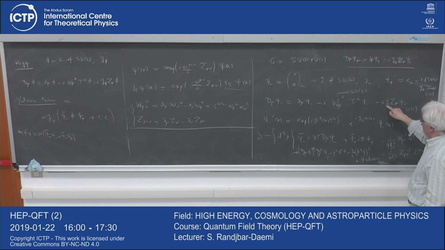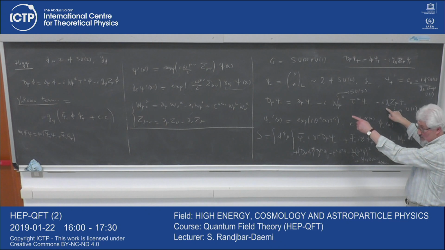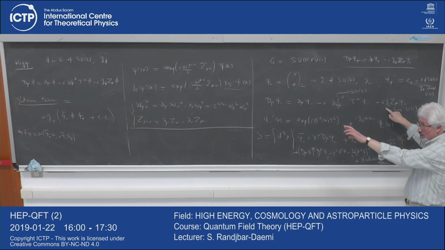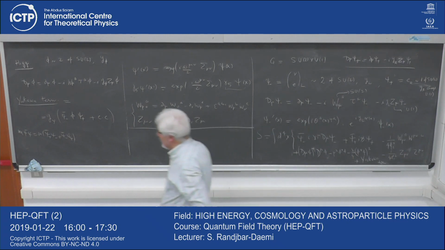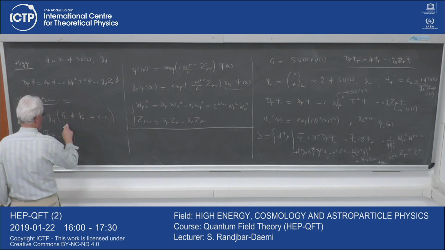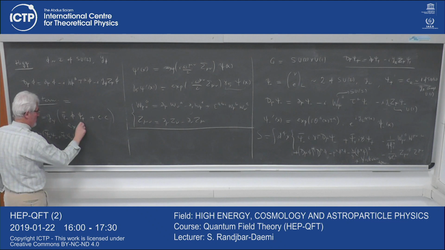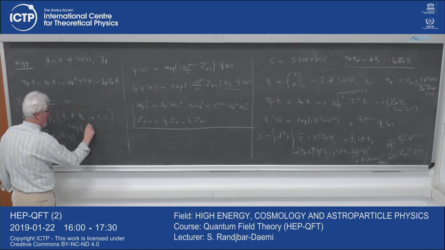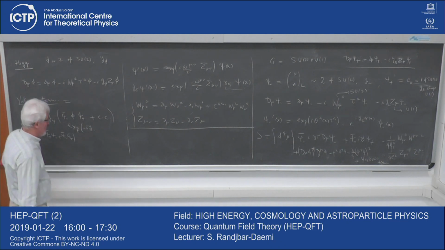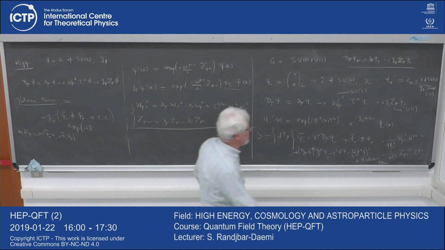So you'll get an exponential of minus i y minus on psi minus. But there you have psi bar minus. Therefore, you will get under U1 an exponential of minus i y minus coming from here.